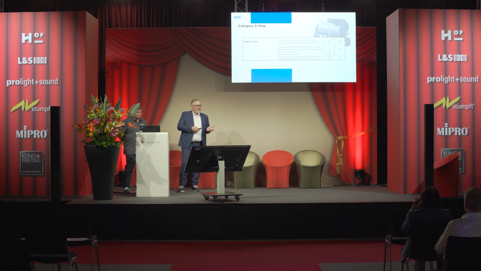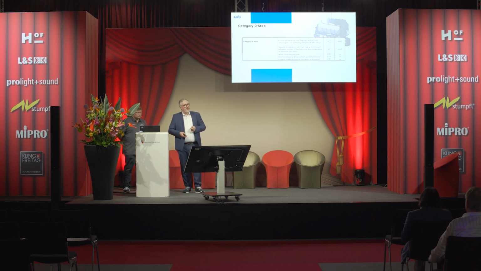The other way around, if your bar is fully loaded, and only one of your load securing devices, only one of your brakes is operating with its minimum torque, you would result in the slowest deceleration rate of 4 or 4.3 meters per second square. So you can see that there is a huge difference between the possible effects when you're doing a category 0 stop, just working with the brakes.